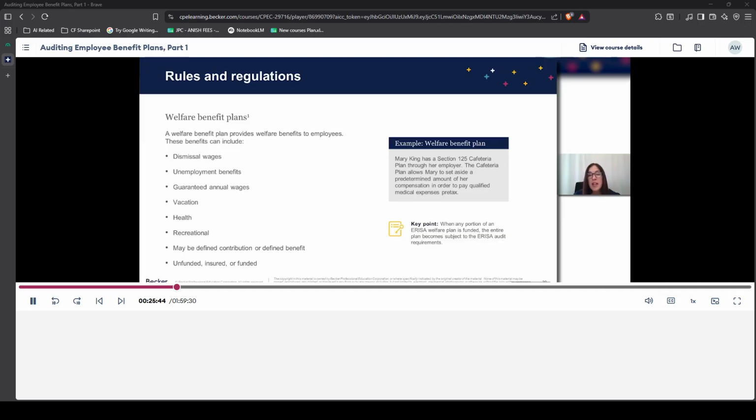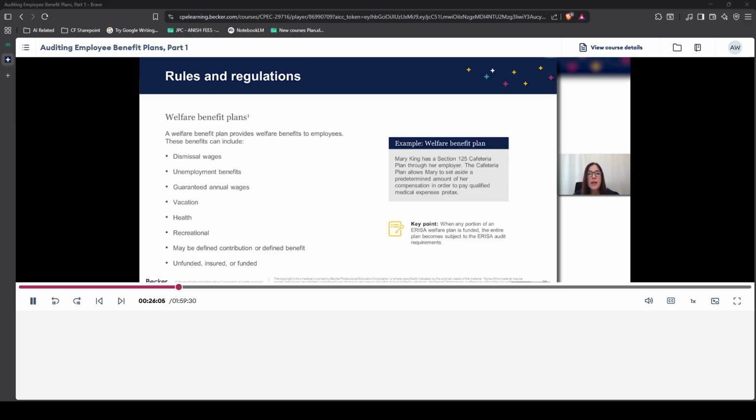The benefits that are offered in a welfare plan can be varied. That's the best way to put it. And some of these will be included in all welfare benefit plans, and other benefit plans, they'll just cover one or two of these items.